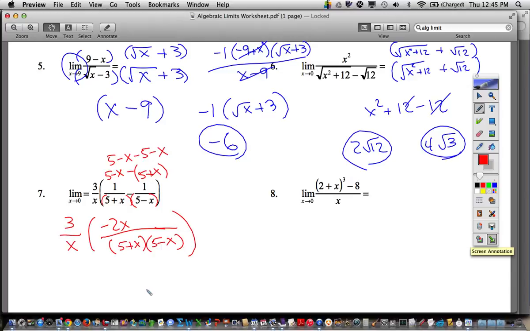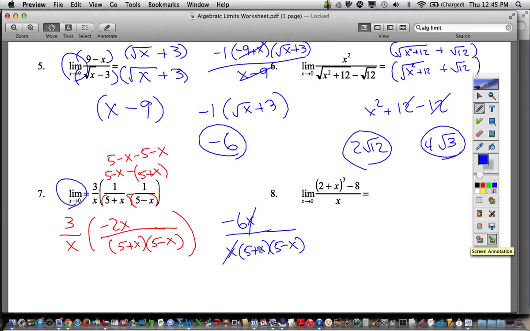Now, what good does that do? I can multiply straight across. I get negative 6x, and then I get x times parenthesis times parenthesis. And now I can take an x out of the top and, I mean, they cancel, right? They cancel. And so what do I have? Now I can put my 0 in, right?